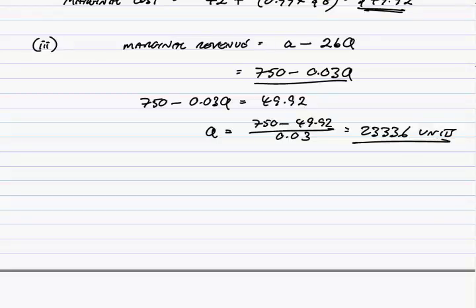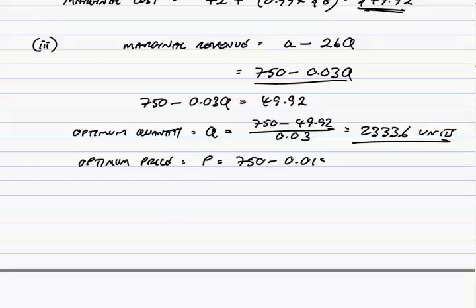Well, there is the optimum quantity. The optimum price, we're going to have to go back to the price-demand equation, which we worked out earlier. We know what Q is, 23,336.